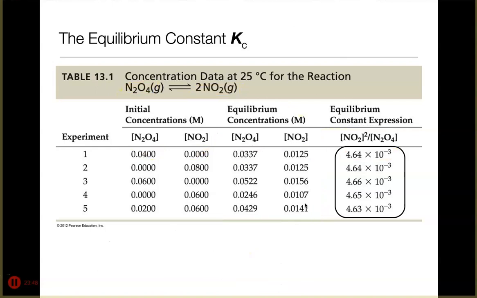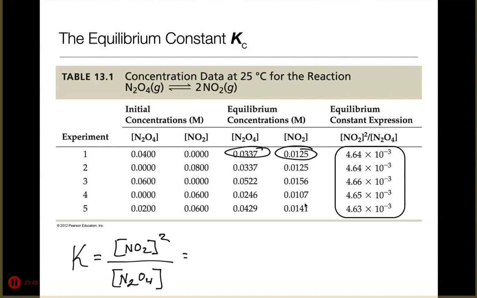Let me do that a little bit slower because I was just talking through that. If I put in my equilibrium concentrations, I'll grab these two right here. I know my expression is NO2 squared all over N2O4 to the first. I plug in my numbers, my concentrations at equilibrium.